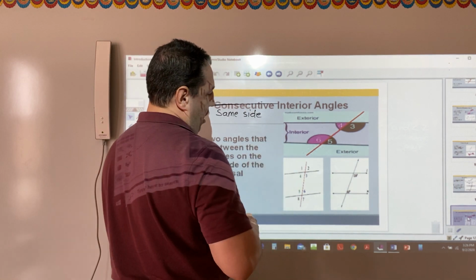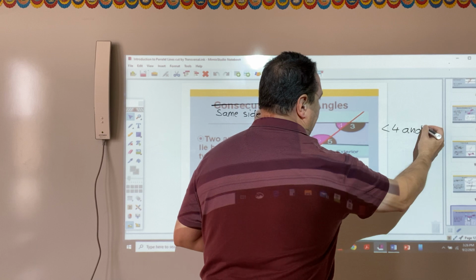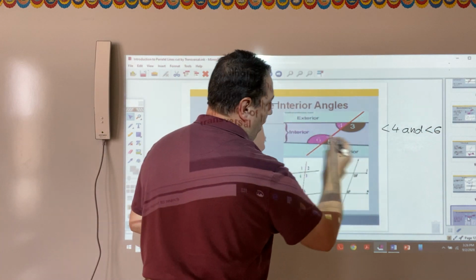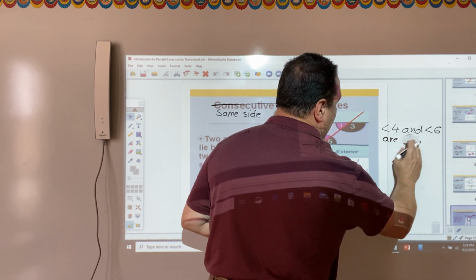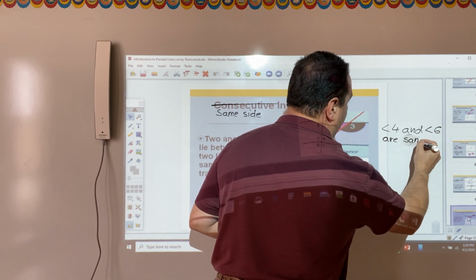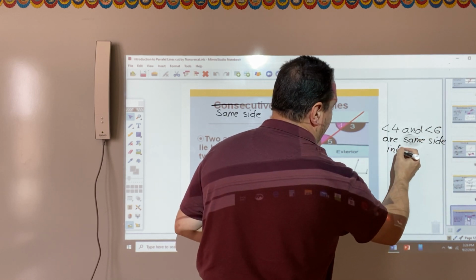So we can say angles 4 and 6 are same side interior.